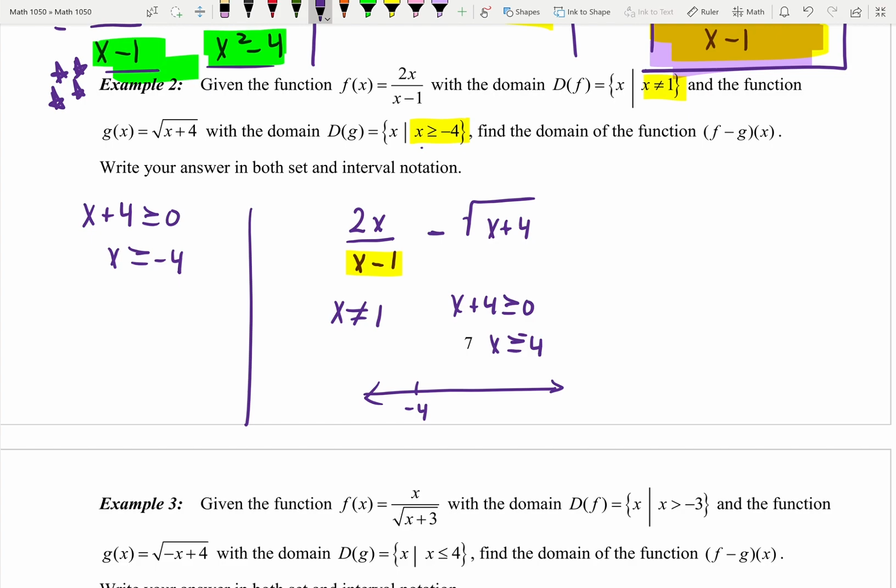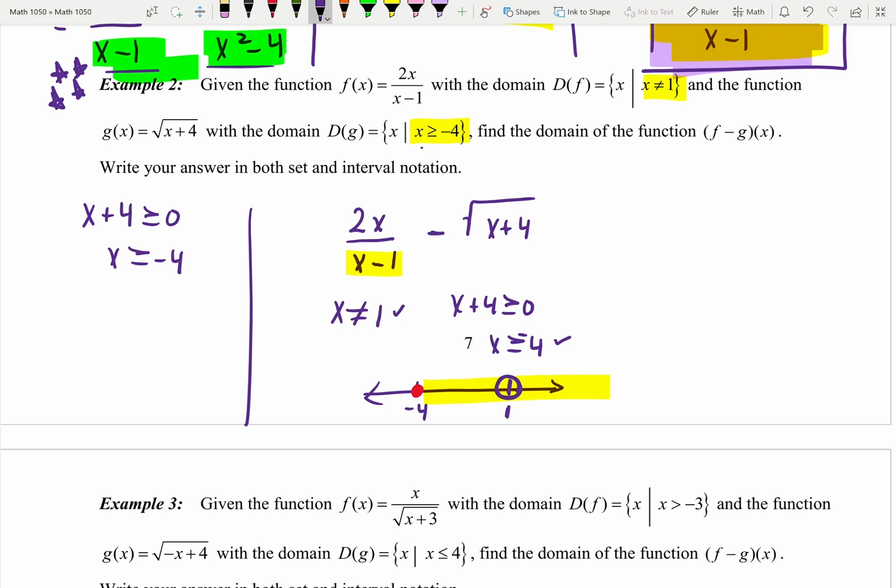Both of these things have to be true, guys. X can't be 1, and x must be greater than or equal to -4. So let's do the -4 business. Greater than or equal to -4 would be a closed circle, and greater than means anything to the right. But now x cannot be 1. So if I come over here and put in a 1, since it's a restriction, it's going to be an open circle.